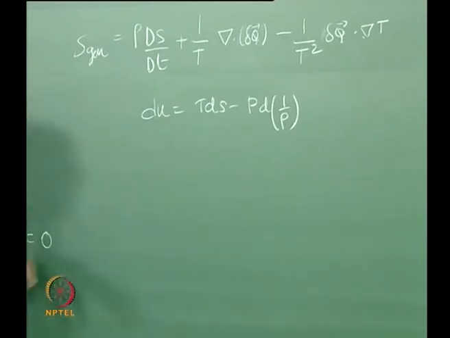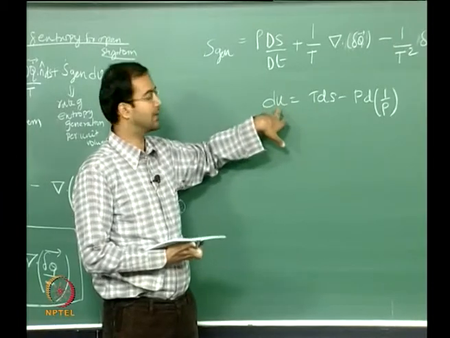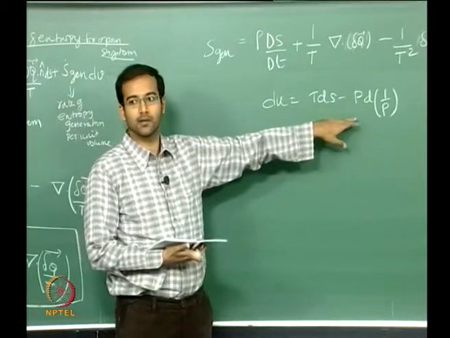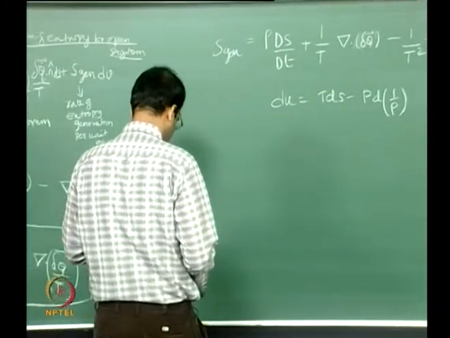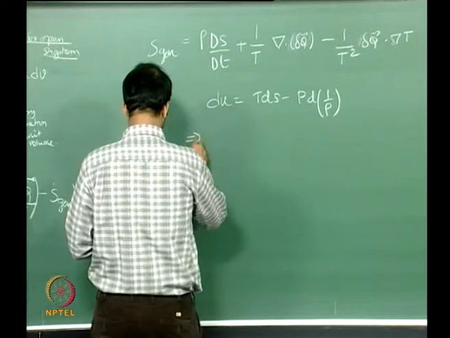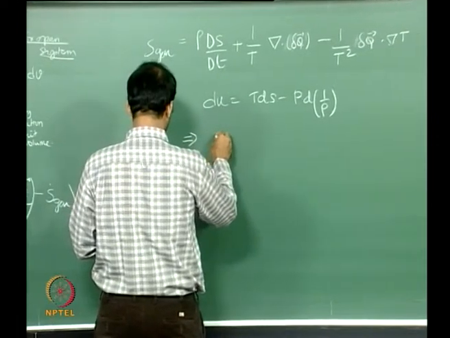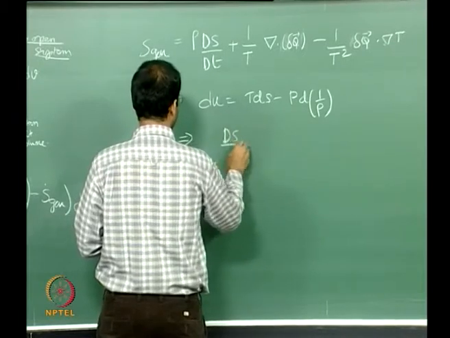So this is coming straight from your first law, where you substitute Tds for delta q and you have Pdv work, okay. So this I can write in terms of the rate equation, and you can tell me how this should look if I want to write ds by dt.